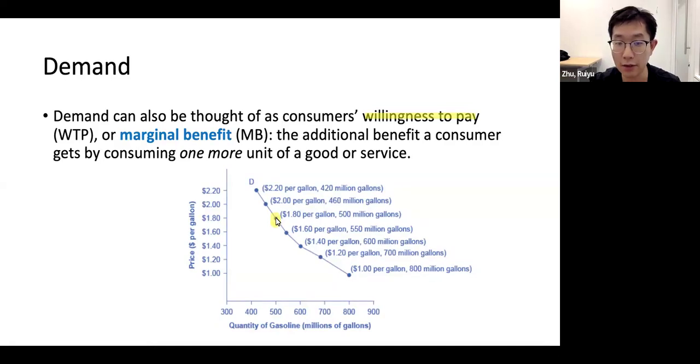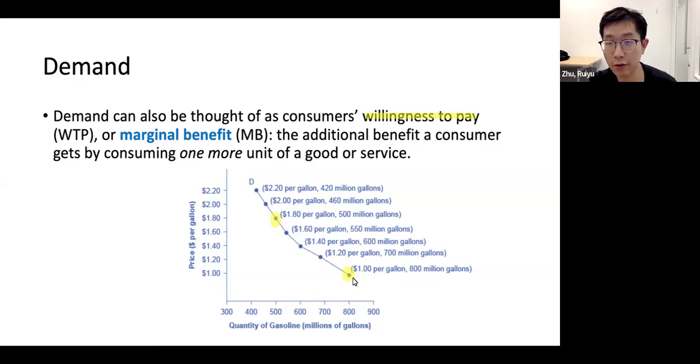Then this willingness to pay gets smaller and smaller if we increase the quantity. Like here, if they already consumed 800 million gallons, the willingness to pay for the next gallon is only $1. So that willingness to pay is decreasing. That makes sense.